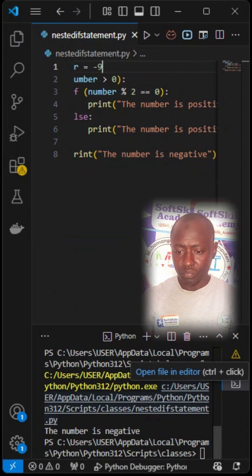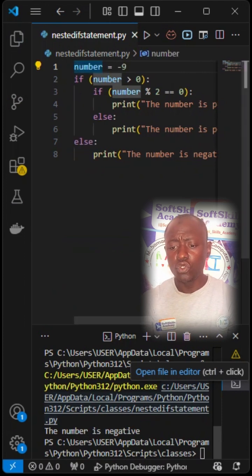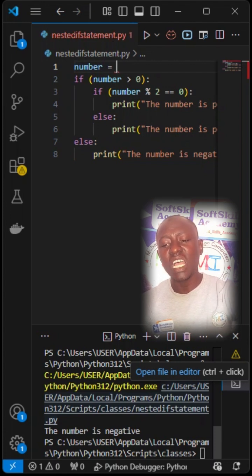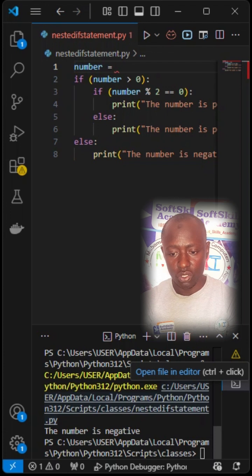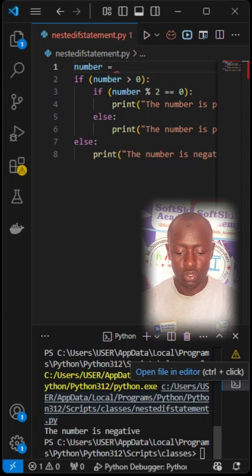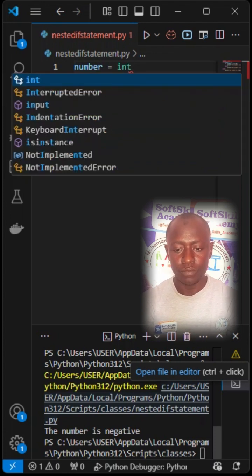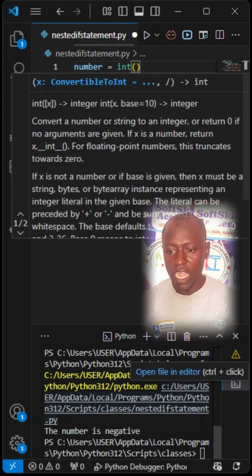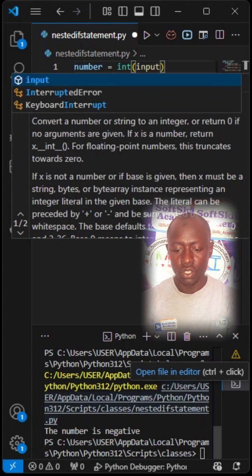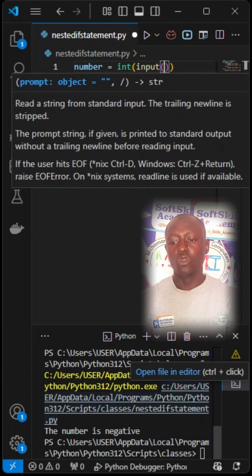So now let's try to utilize our input function so that we can insert our values within this code, right? So now our input is going to be an integer this time around. So we are going to have int, then we have input, right? I hope you did not forget about this. So double quote now.